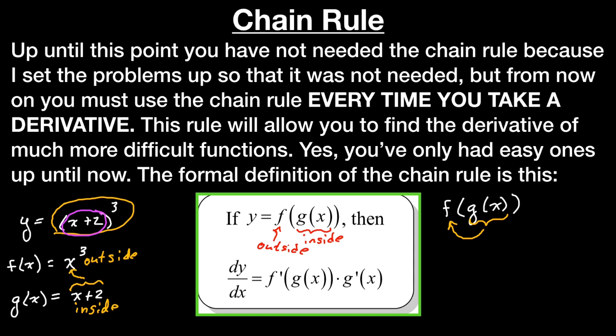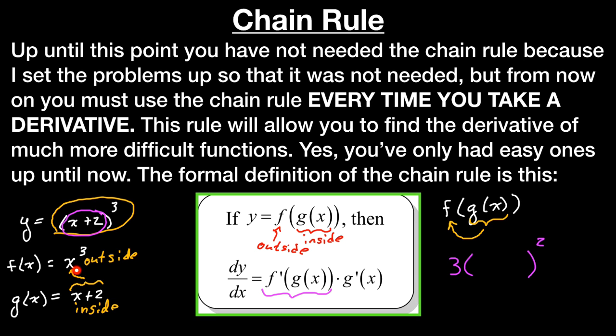So when it says f prime of g of x right here, f prime is the derivative of the outside function. Well, the derivative of the outside function is going to be 3 times that x, or whatever the inside part is, raised to the second power. That is just the power rule using this function right here.